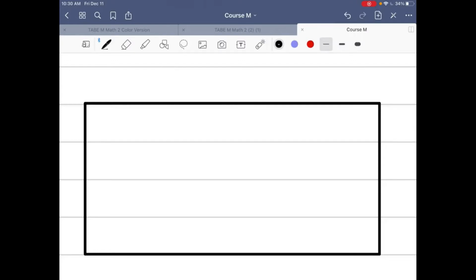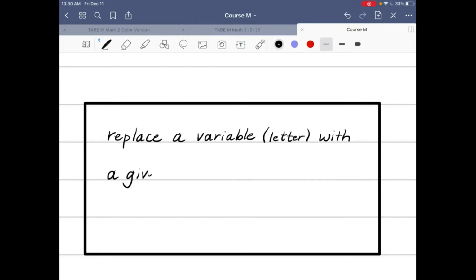Substitute means to replace a variable, and remember a variable is a letter, with a given value. What's the term you know for a fixed value? That's constant. So we are replacing a variable with a constant, and that is called substituting.